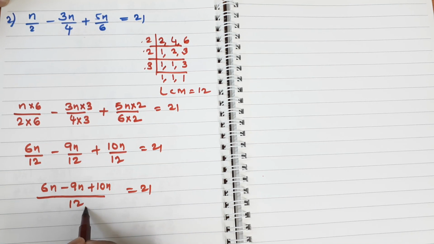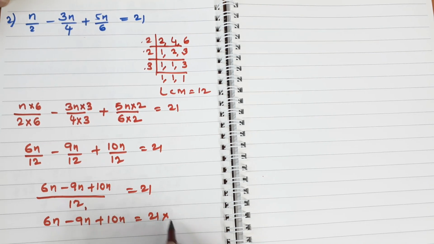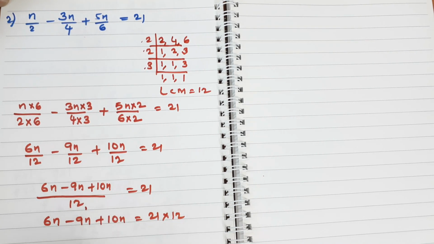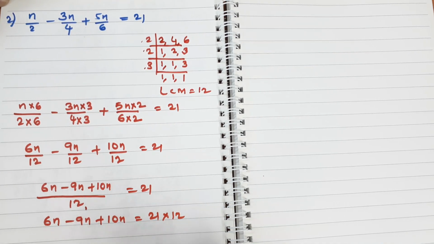Here it is division. If I send this 12 to the right side, what will it become? Multiplication. Let us do it. 6n minus 9n plus 10n equal to 21 into 12. If I send this 12 to the right side, it will become multiplication.